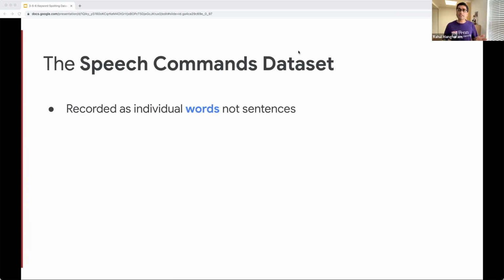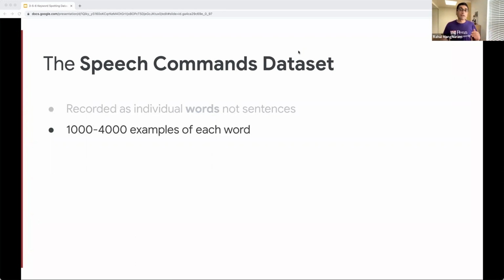The Speech Commands data set basically has a whole bunch of individual words, right? It's not sentences, it's not "dim the lights", it's something like a single word. It's composed of a whole collection of words, which I'll show you in a second, and it's got many, many recordings of each word. Why would we need that?